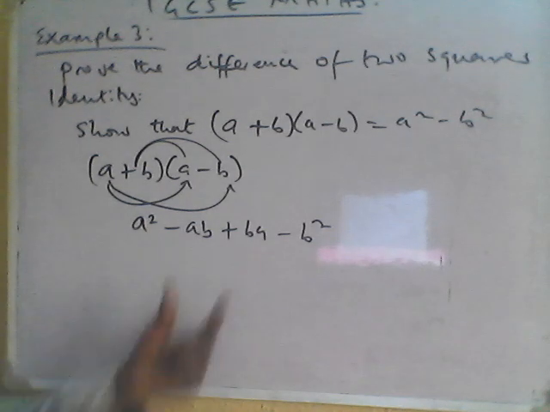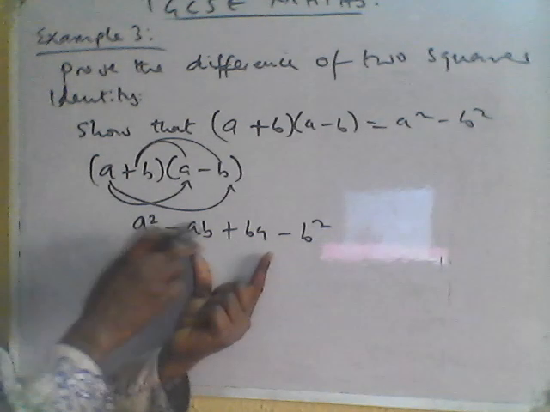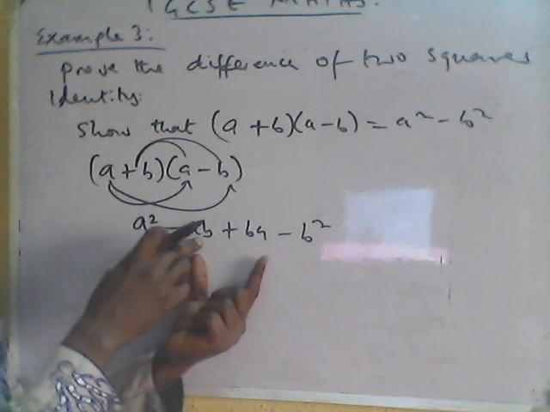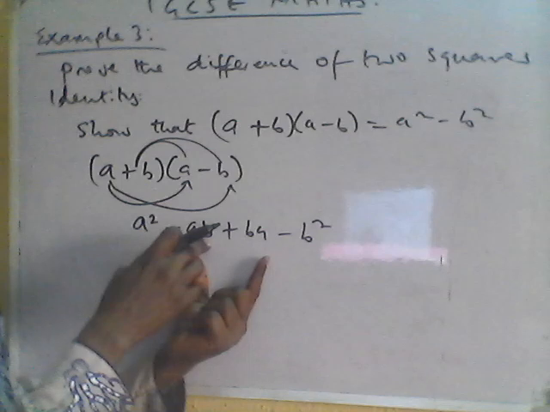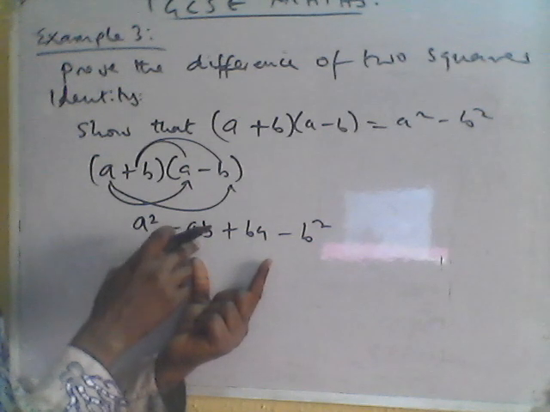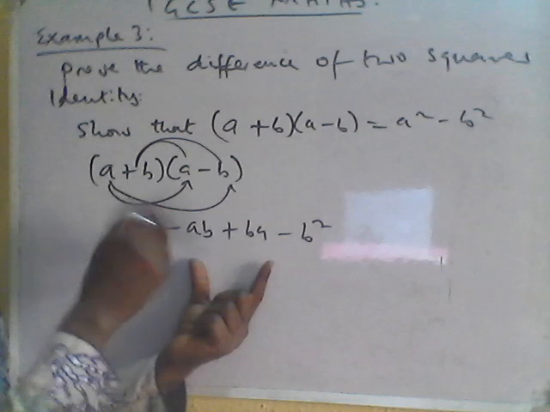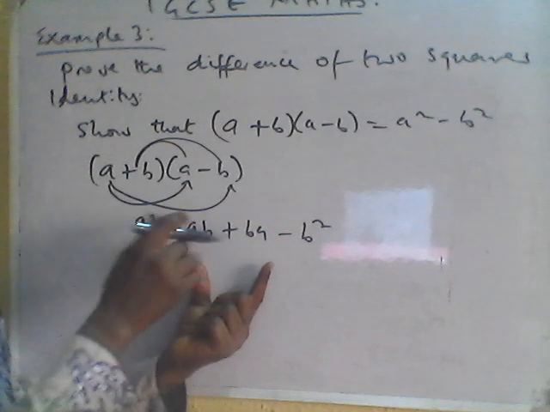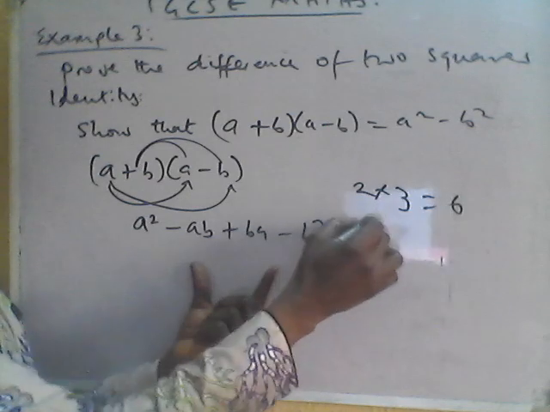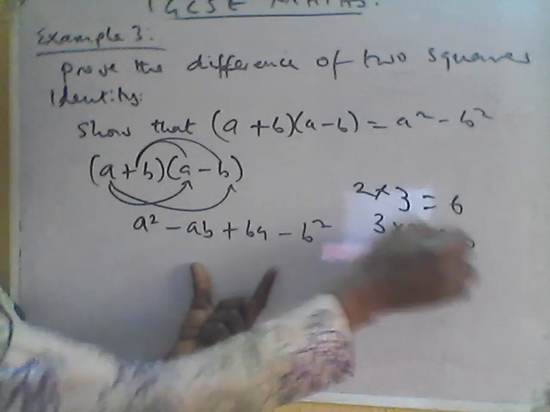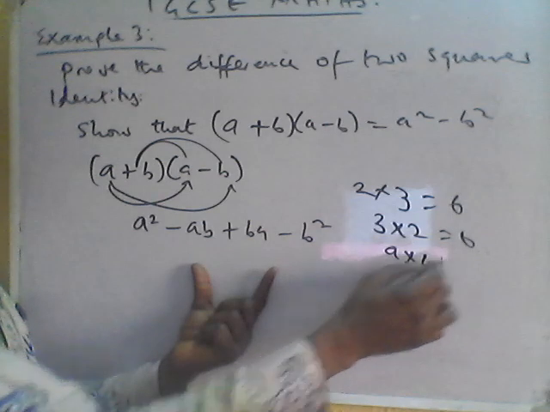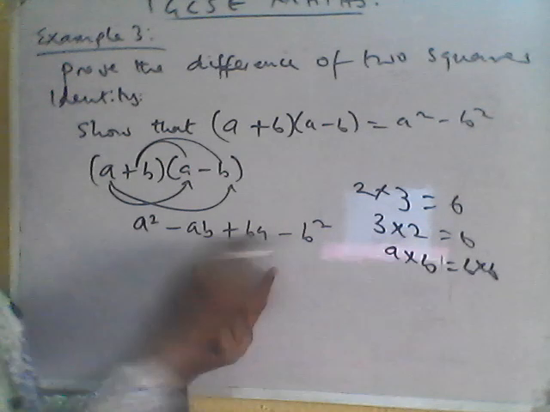Now these center terms are the same thing. ab and ba are the same thing, because a times b, multiplication there is commutative, meaning that I can switch it. It's like saying 2 times 3 is equal to 6, or 3 times 2 is equal to 6. It's the same thing. So a times b is equal to b times a.